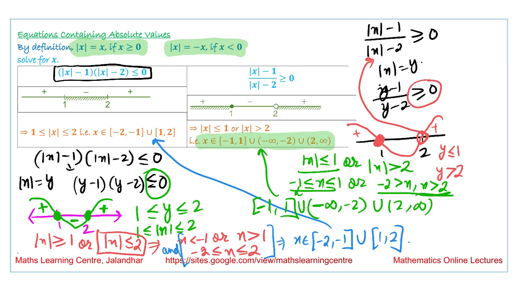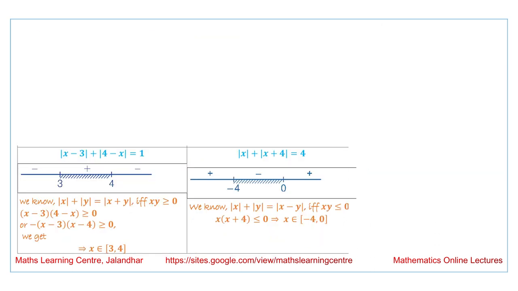Now, the next problem we have is in this form: mod of (x minus 3) plus mod of (4 minus x) is equal to 1, and we want to find the values of x for which this equality holds. So the condition is that mod of x plus mod of y, in this case x is x minus 3 and y is 4 minus x.